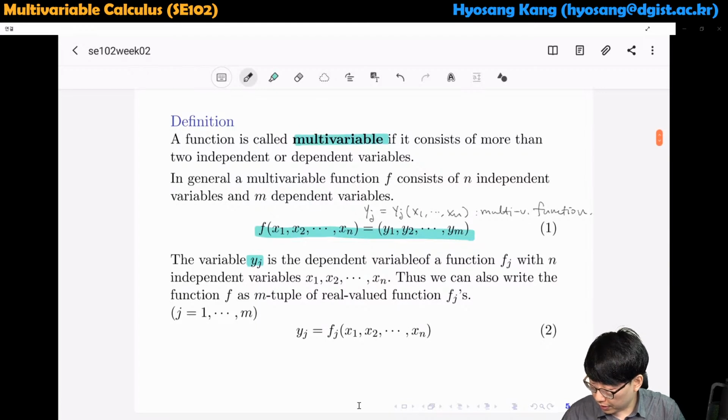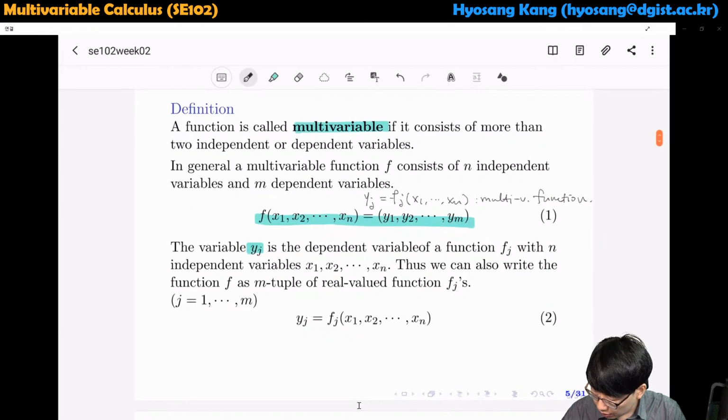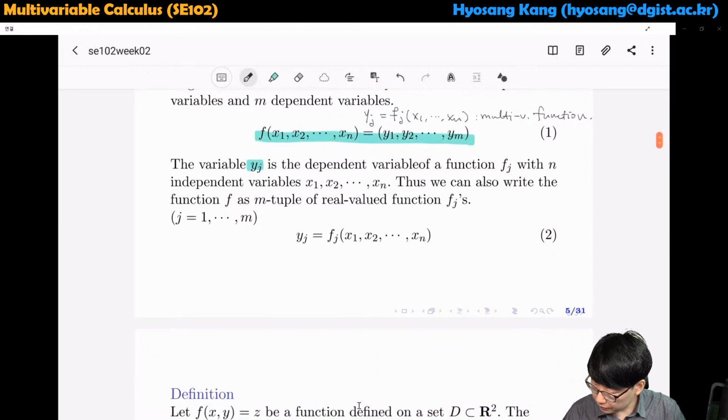Usually, because y represents a number, we will also give another name, let's say fj instead of yj, but you can simply use yj to stand for a variable or for the name of a function.